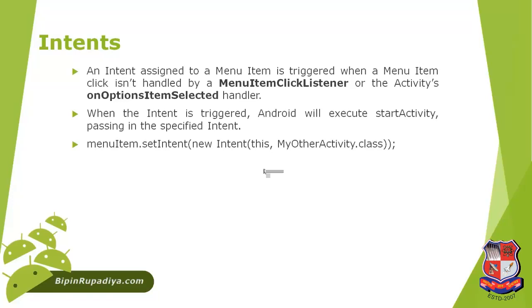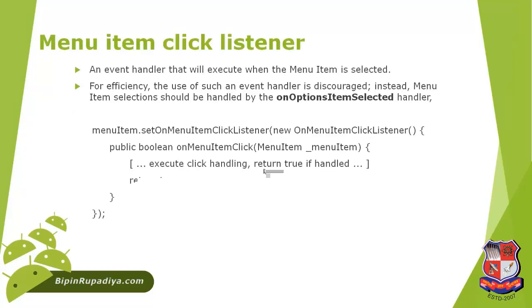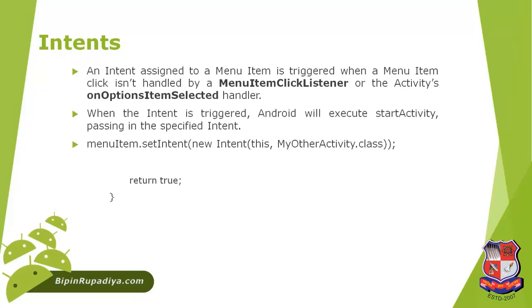Another thing: in a menu item you may want to set an intent. Like, I don't want to set the listeners that I discussed in my previous slide, what you are seeing on my screen right now, but I want to attach an intent that needs to be triggered. So you can set that intent right here with the help of the setIntent method.